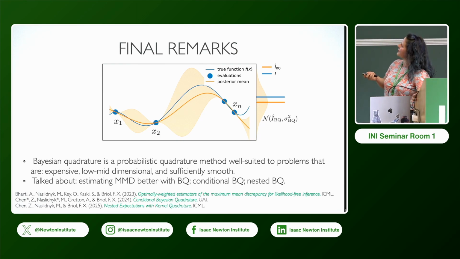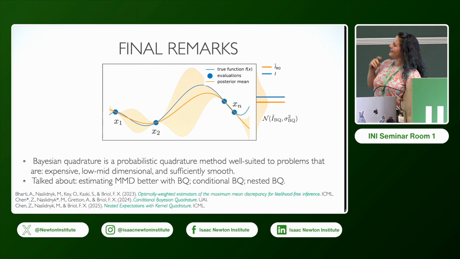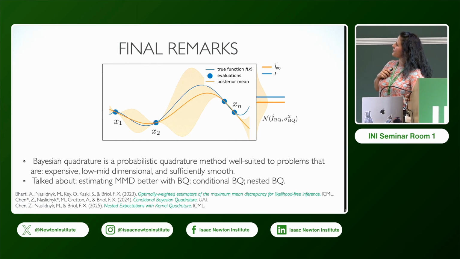In this talk I talked about Bayesian quadrature, which is a probabilistic quadrature method that works well for problems where we don't have a lot of evaluations and we really need to extract the most out of them. In particular, it's been shown to shine where the problems are low to mid-dimensional and sufficiently smooth.